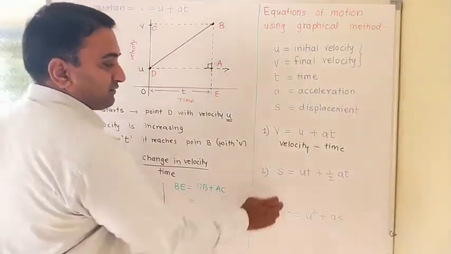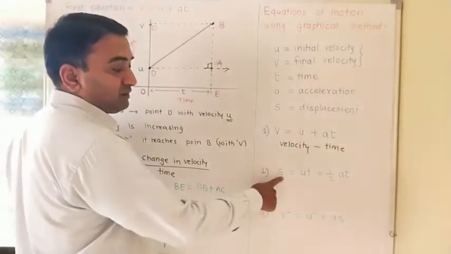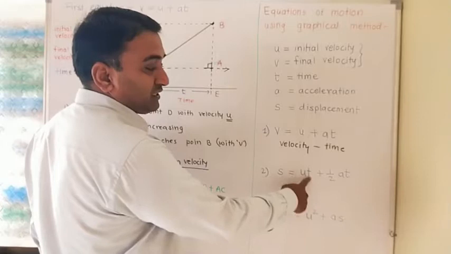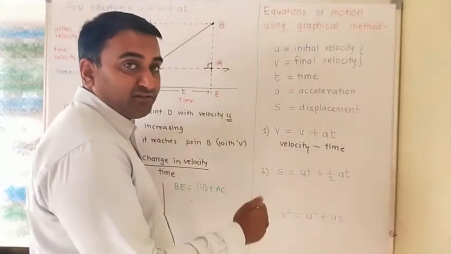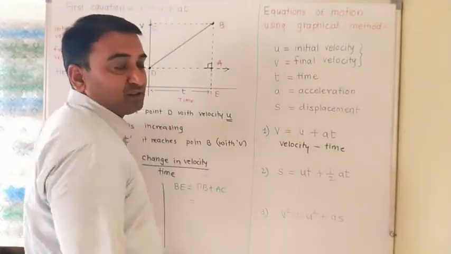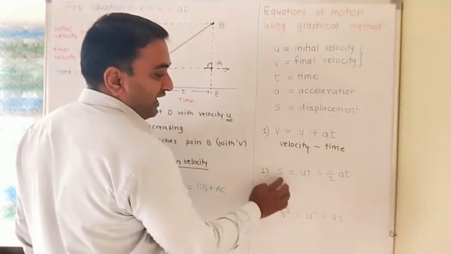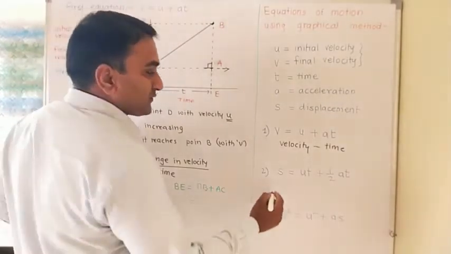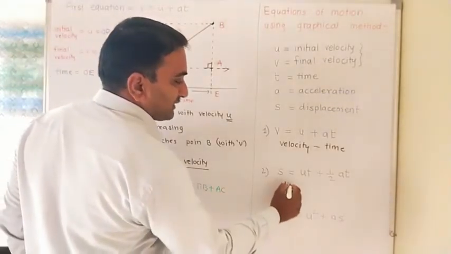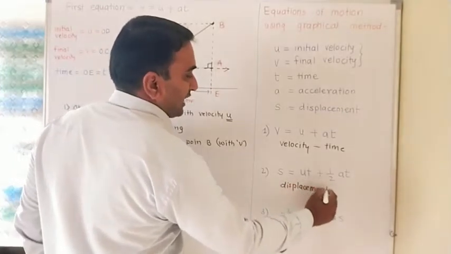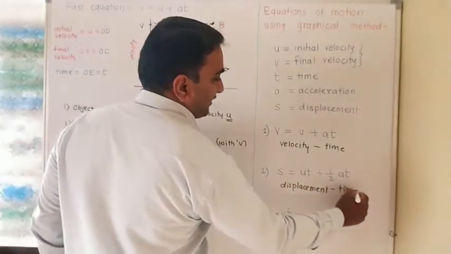See, this one is displacement, ut, that is initial velocity into time, and half of acceleration into time squared. So on one side we have displacement and on the other side importance is given to time. So this is called the displacement-time relation.